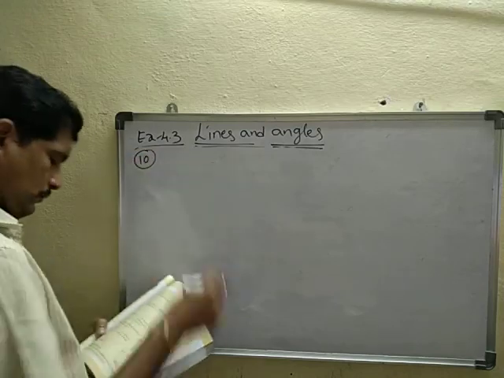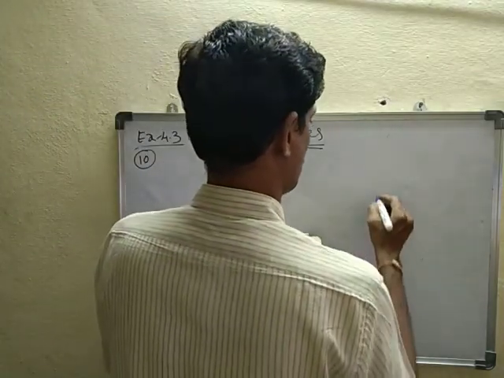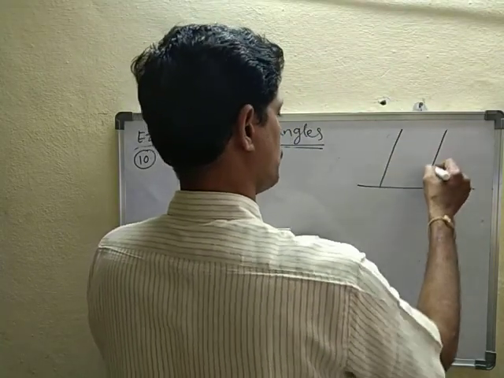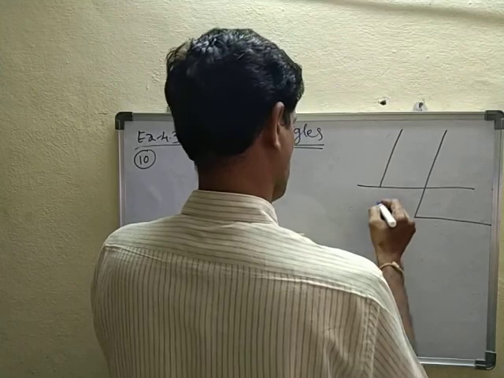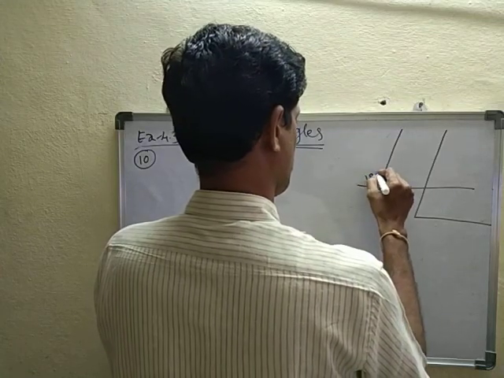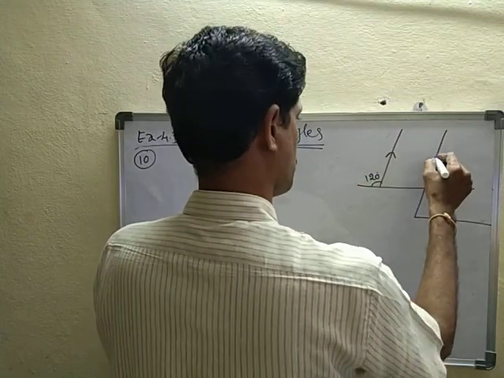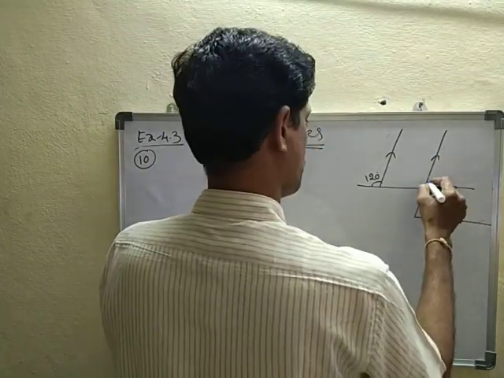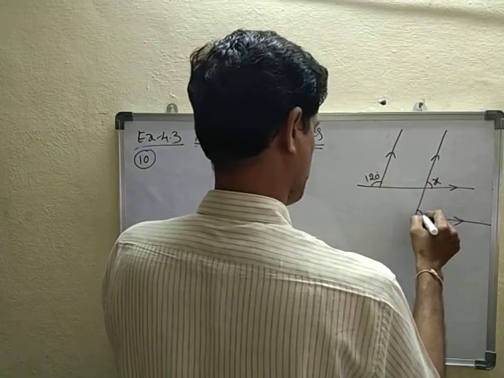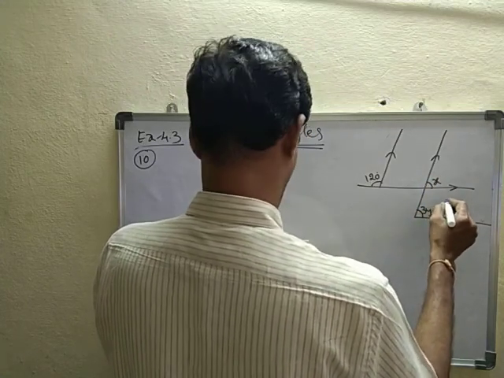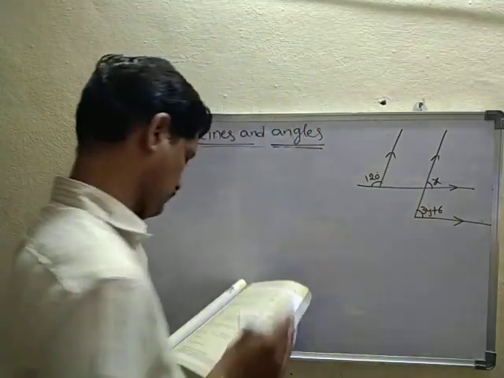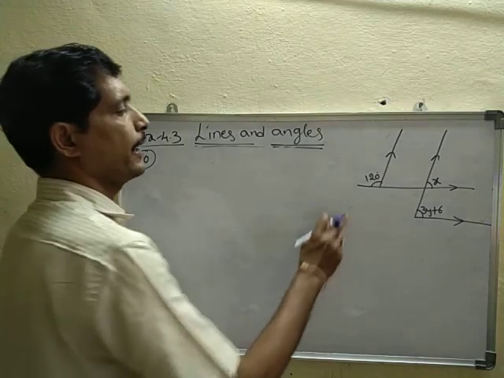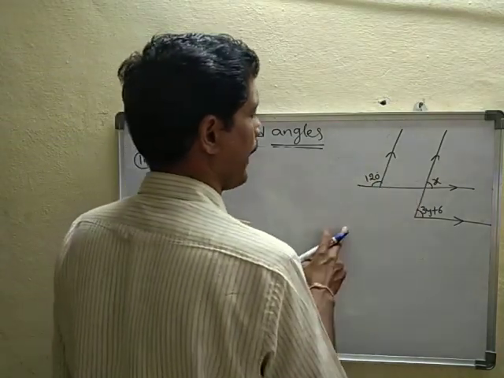Second question. Here find x and y. Here this line and this line both are parallel.